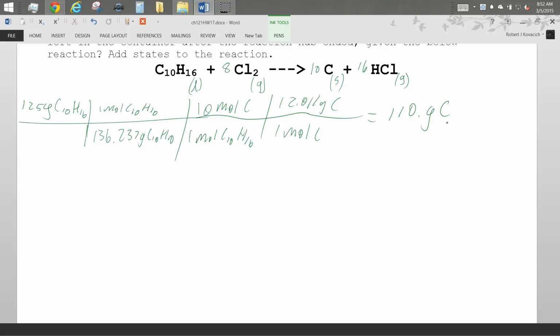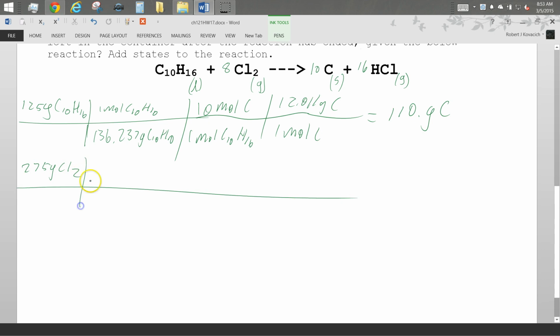Okay, so now we're going to do the exact same thing, except this time we're going to say, if I've got 275 grams of chlorine gas and as much C10H16 as I need, how much carbon am I going to make? So we'll go 275 grams of Cl2, 1 mole Cl2, grams Cl2, so it's 35.453 times 2.